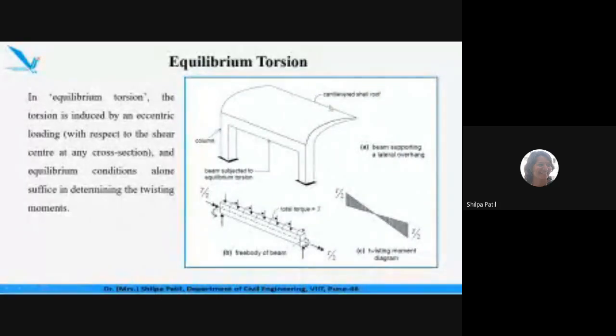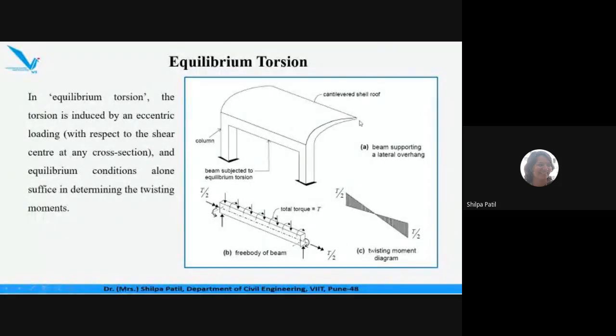So if you consider this particular structure in which there are two columns and there is one beam, and to this particular beam, a roof is connected, or the roof is resting on this beam, and this is a cantilever roof. You can imagine the same diagram with the cantilever slab or the balcony which you are considering in your G+2 plan of your term work.